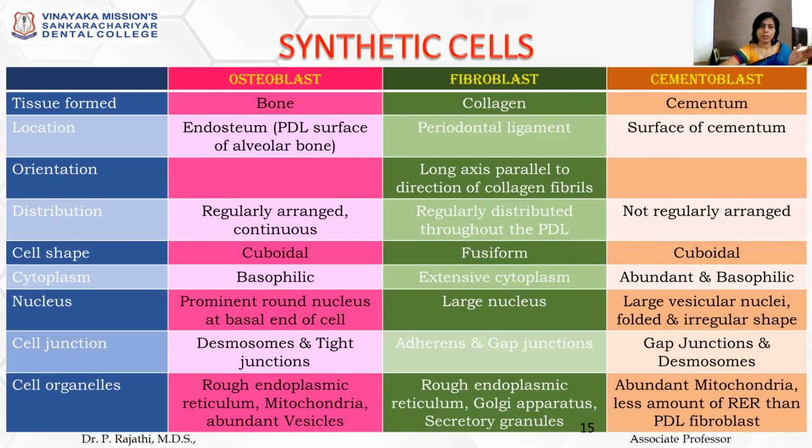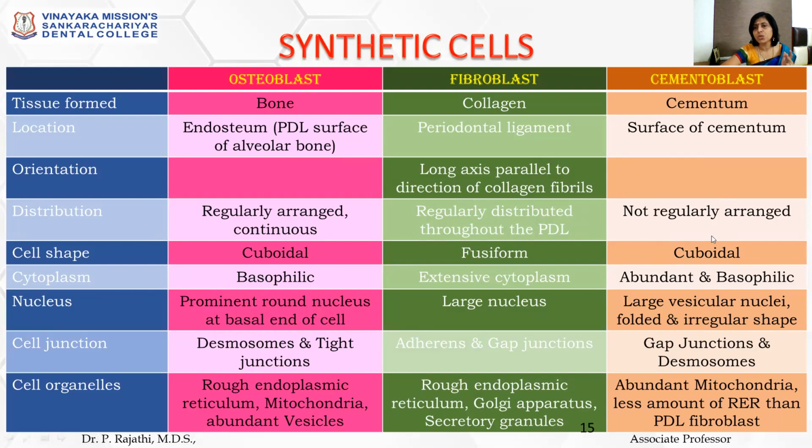So how is the distribution of these cells going to be? If you can see, osteoblast cells are regularly arranged and continuous with each other. Because these cells are continuous with each other, the cell junctions between these osteoblasts are going to be desmosomes and tight junctions. Remember, tight junctions.